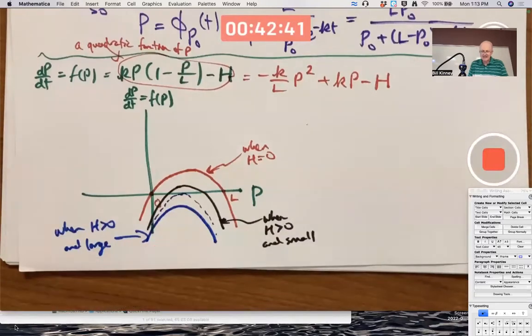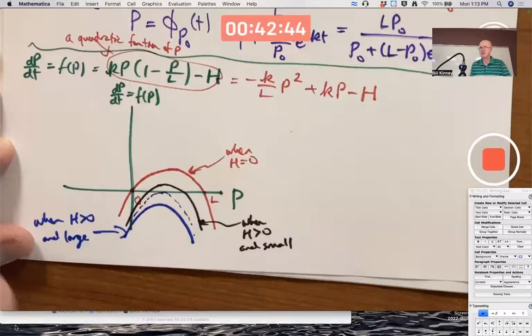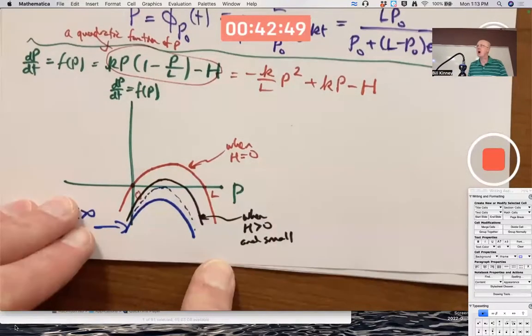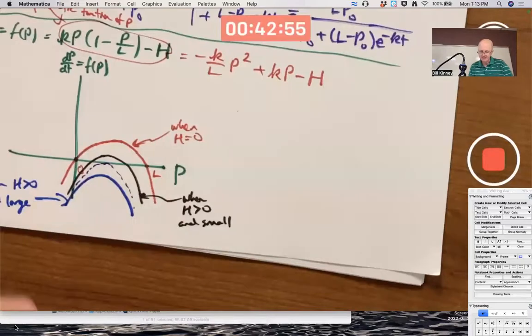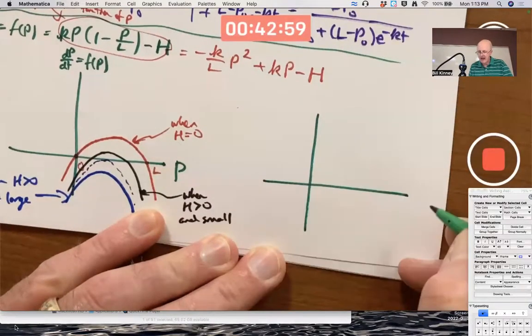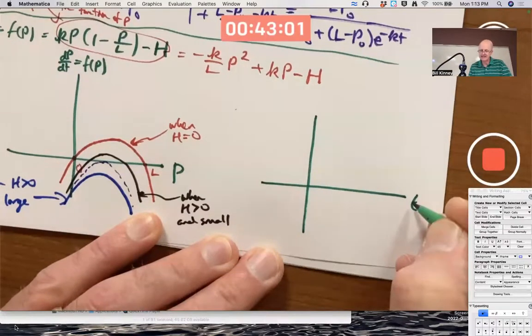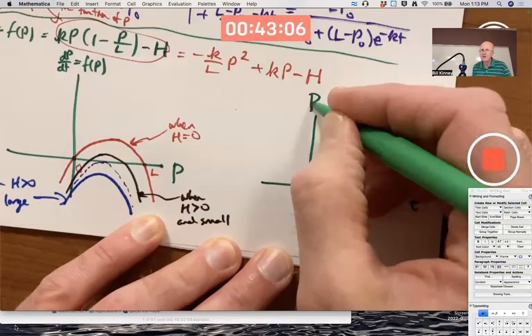Why is that important? Why is that relevant? We are interested in the differential equation and the slope field and solutions. You can use these graphs to draw the slope field and the solutions. That's the point. Like I showed you last Friday, make another graph. Now put t on the horizontal axis and the dependent variable for the differential equation, in this case p, on the vertical axis.